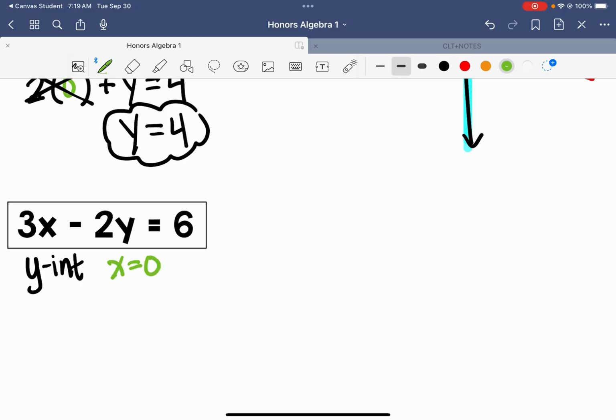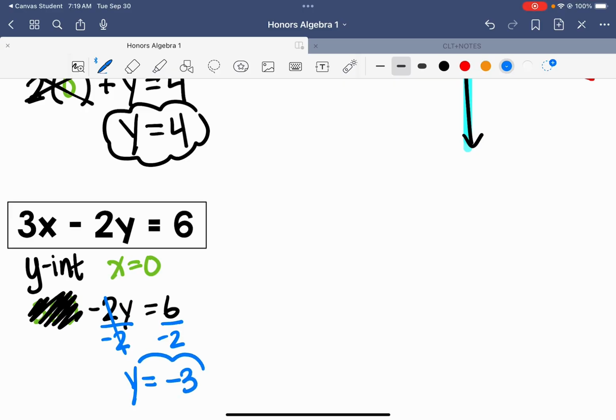Well, that's when 3 times 0 minus 2y equals 6. It's that cover-up method, because that makes 0. You cover that up, and now all I have to do is solve the equation by dividing by -2. And the y-intercept is -3.